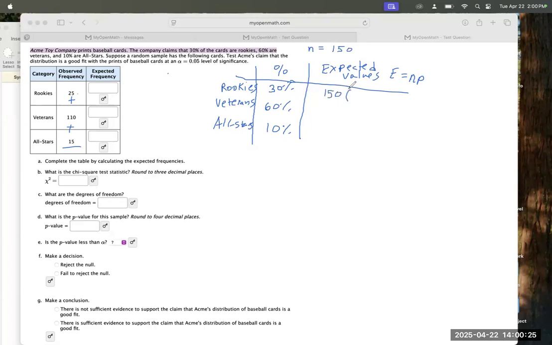So 150 times 30%. 30% written as a decimal is 0.30. And then we do 150 times 60%, so 0.60. And then 150 times 10%, 0.10. And now I multiply these across.